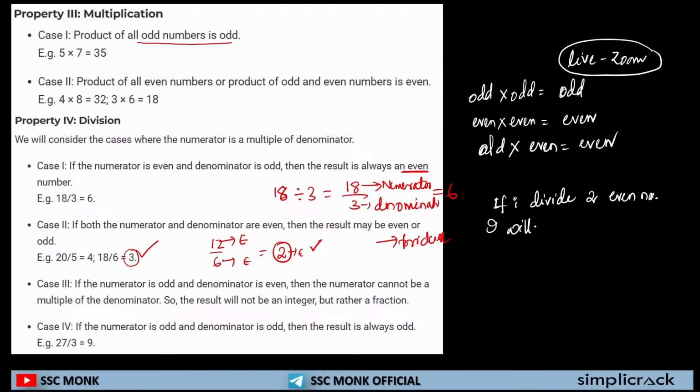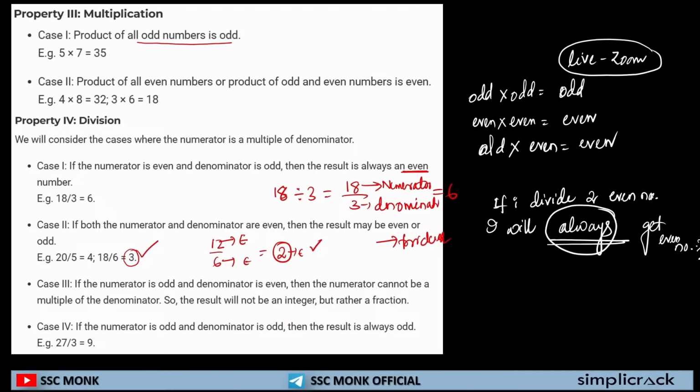Is it true? No, because if I divide two even numbers, I will get even or odd numbers. It is not always. Now this statement is what? False. So this is where your data sufficiency questions and your statement assertion questions will be, and you should not make silly mistakes.